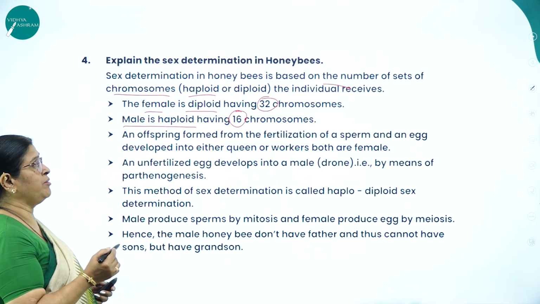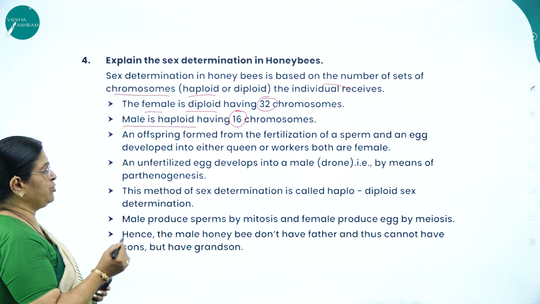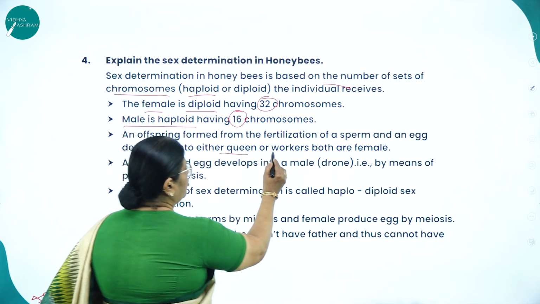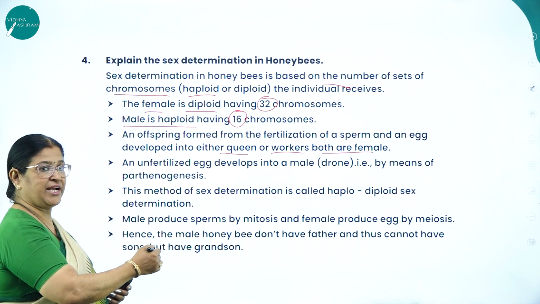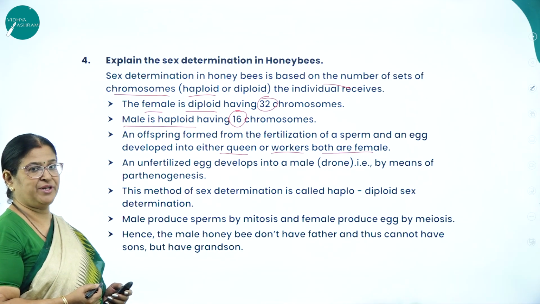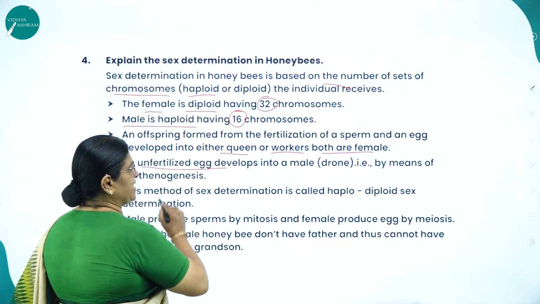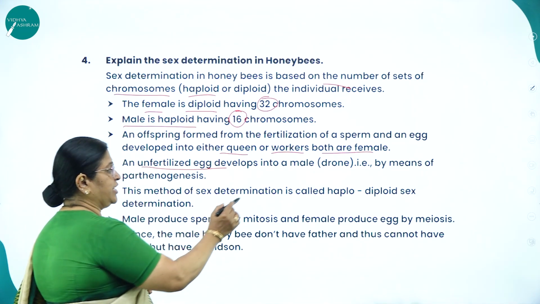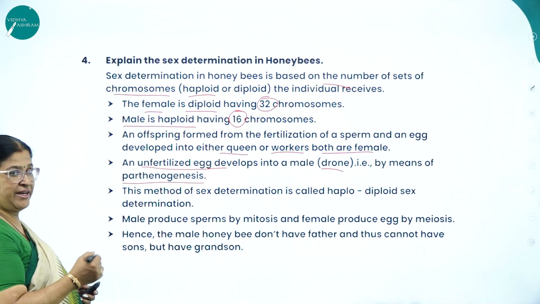An offspring formed from the fertilization of a sperm and an egg develops into either a queen or a worker. Both are females. In the coming slide, I have given the schematic representation of sex determination in honeybees. Here, an unfertilized egg develops into a male by means of parthenogenesis, direct development.